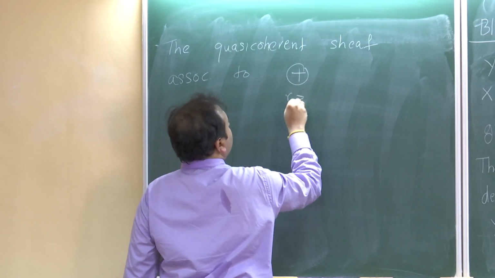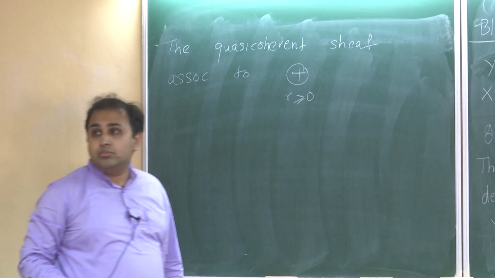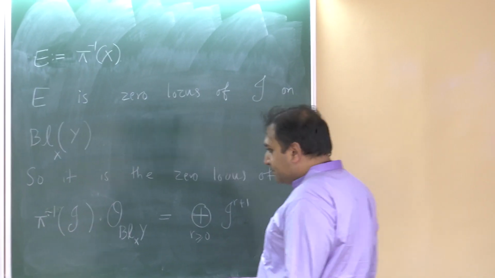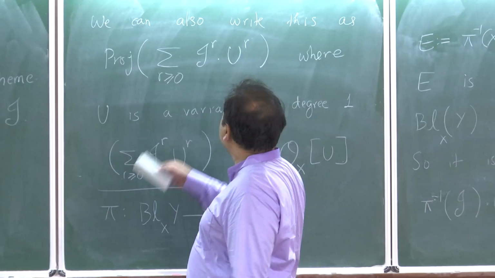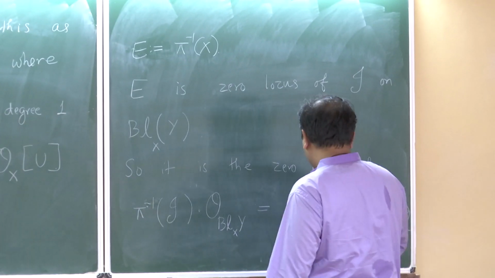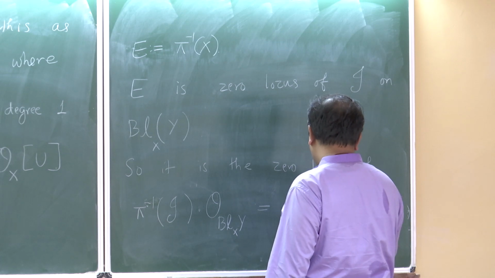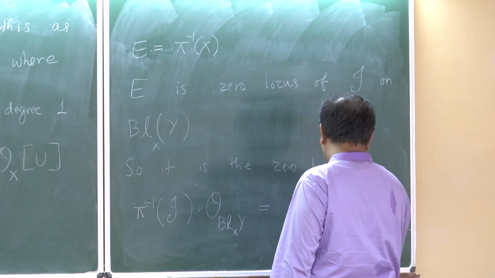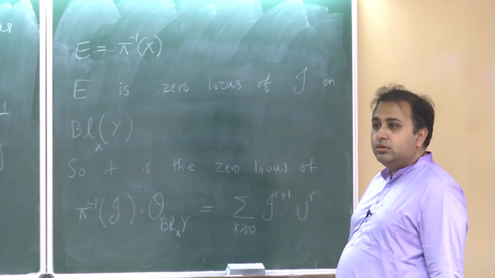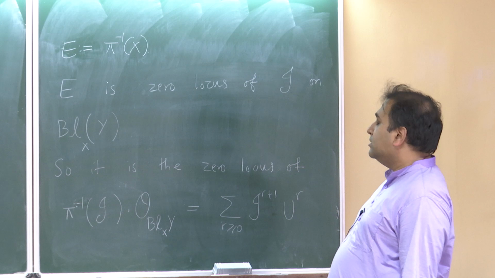There is some ambiguity in that last equality, since the sheaf on the right-hand side is still downstairs.